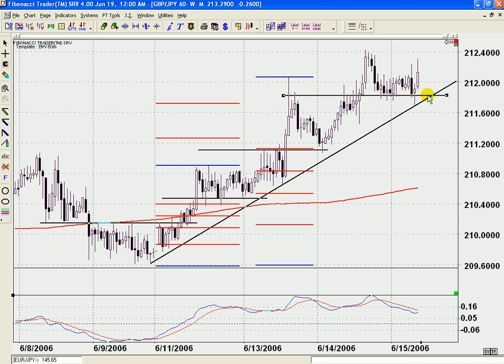Resistance becomes support at our trend line. And we have an upswing, a retracement, and looks like price is preparing to make another leg up.